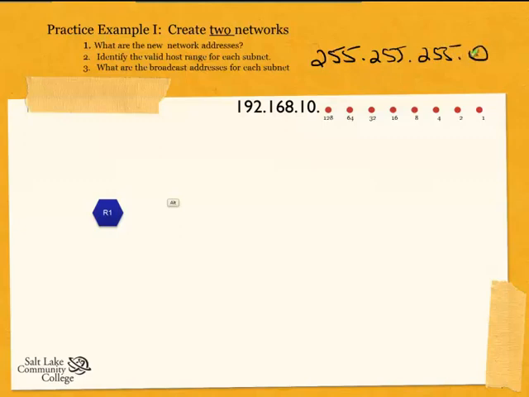That's the default. What we do to tell the system that we're borrowing bits is modify this last octet, because that's where we're taking the bits from. So we're taking bits from the last octet and we have to modify the value of that octet in the mask.